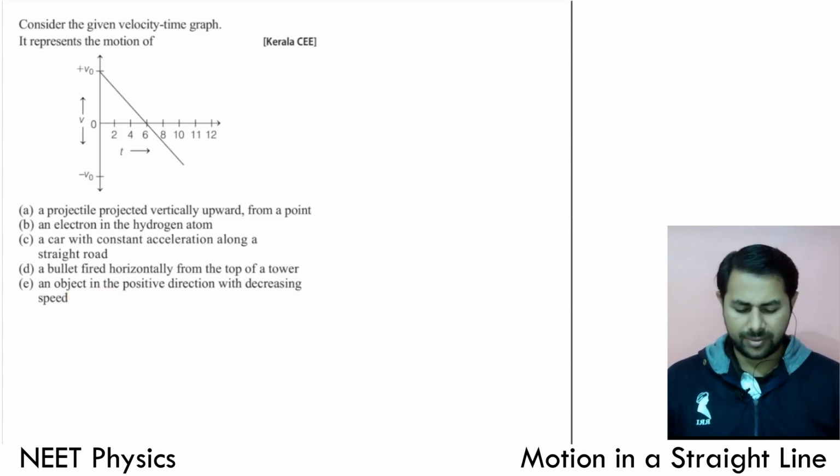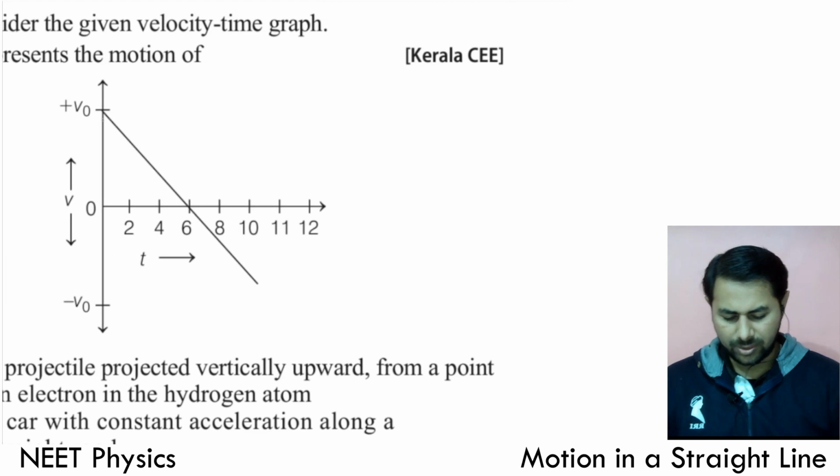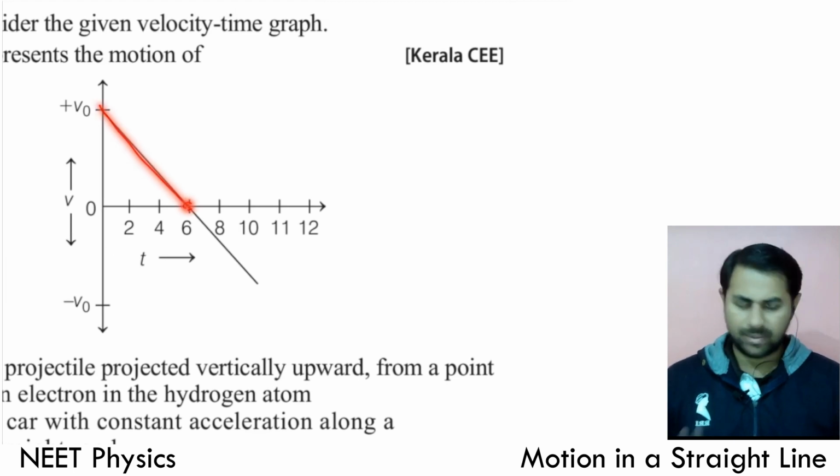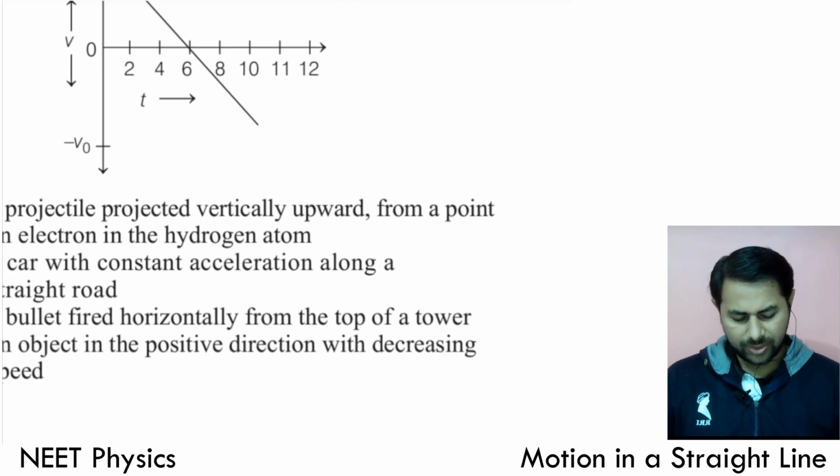Which one? What's happening to the velocity? This is a velocity time graph. So the velocity is decreasing. At this time it becomes 0. Then it's increasing in negative values. It is option D. So D is a bullet fired horizontally from the top of a tower.